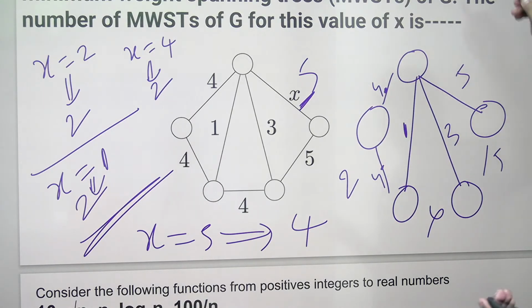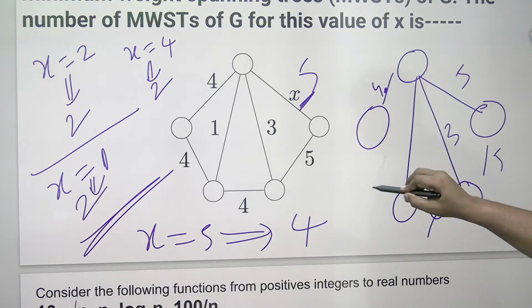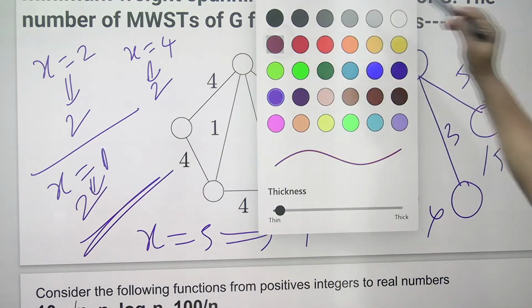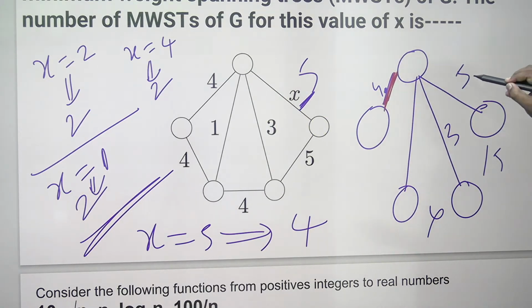If anyone is having doubt, I am giving the answer. This 4 is fixed. Either this 5 or this 5, you cannot take both.